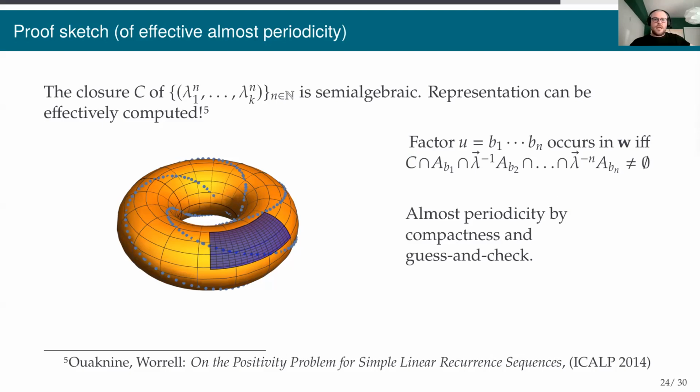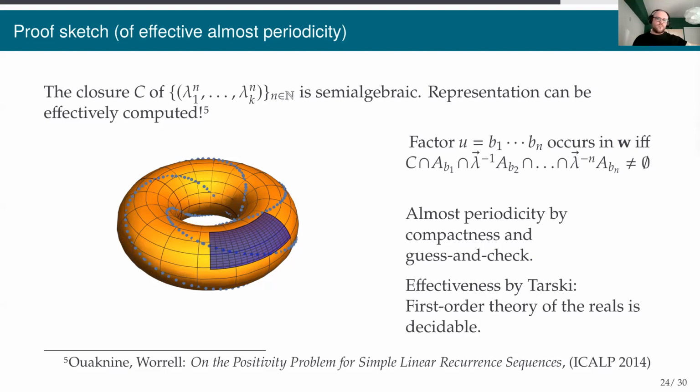And almost periodicity comes by compactness and guess and check. And this checking is effective by Tarski because the first order theory of the reals is decidable. Essentially, you can encode deciding whether a semi-algebraic set is non-empty, and you can compute with this, and everything's good.